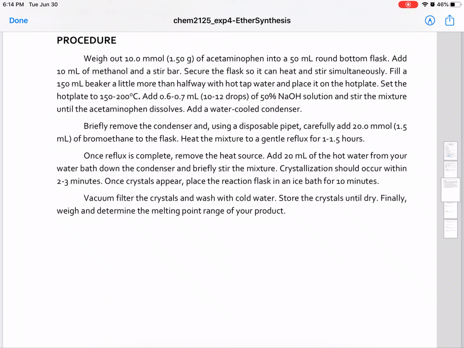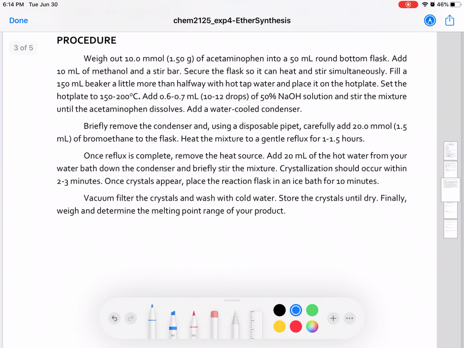You're going to weigh out 10 millimoles, which is about 1.5 grams of acetaminophen, into a 50 milliliter round bottom flask. Then you add 10 milliliters of methanol.